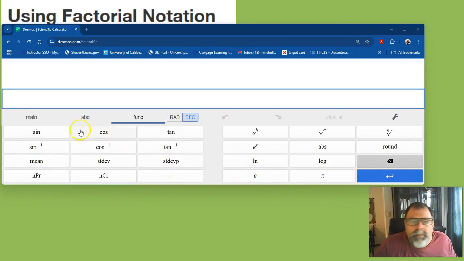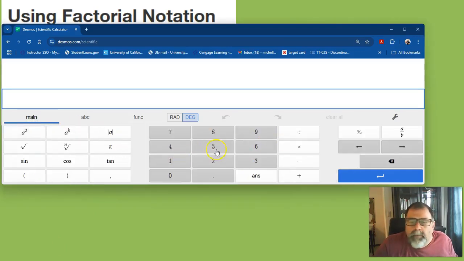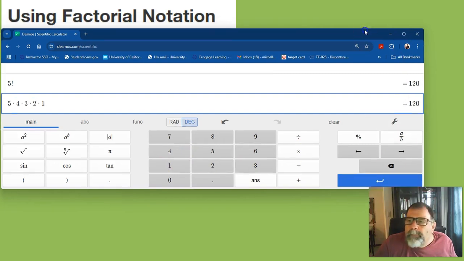You can probably just type it with your keyboard too. Let me try that. Okay, and it's 120. So 5 times 4 times 3 times 2 times 1, and you see it's 120. Okay?